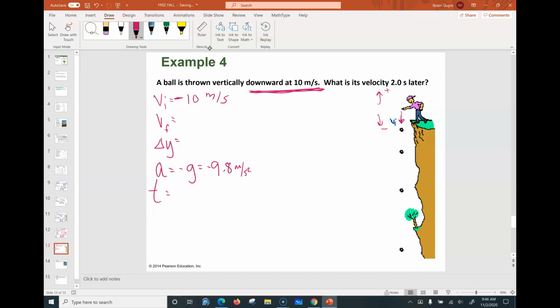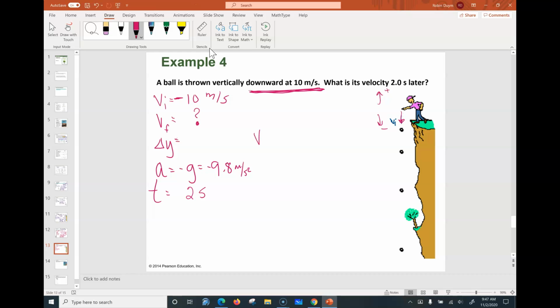We want to know what is its velocity 2 seconds later, so we just fill in all of that good information. So the trick to this is making sure you're getting your vectors and your directions correct. Remember that acceleration is always down, that's always negative. If you throw something down, that means it's a negative initial velocity.